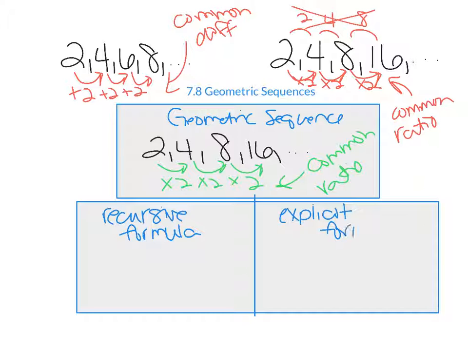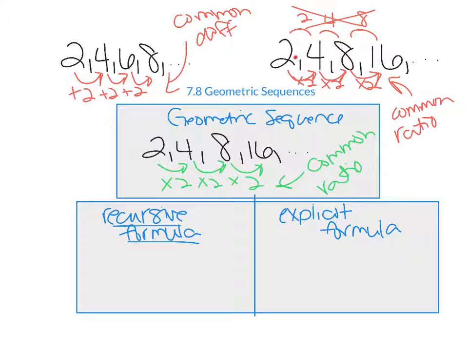Now, we talked about both of these types of formulas first semester for arithmetic sequences, and the idea is going to be the same. So as a refresher, a recursive formula, this first one here, is a lot simpler to write and a lot simpler to look at, and it seems to make more sense, but it's not as useful because what a recursive formula does, it will say to get this term, you're going to look at the term right before it and multiply by 2.